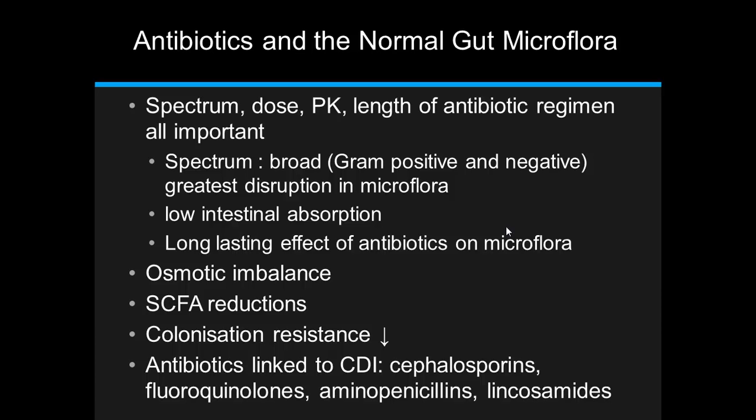But all of those things in that first point are important in determining how extensively an antibiotic affects the gut microflora and correspondingly whether there's a risk of Clostridium difficile infection. It's generally the broad spectrum antibiotics which provide a greater risk of allowing Clostridium difficile to cause an infection.